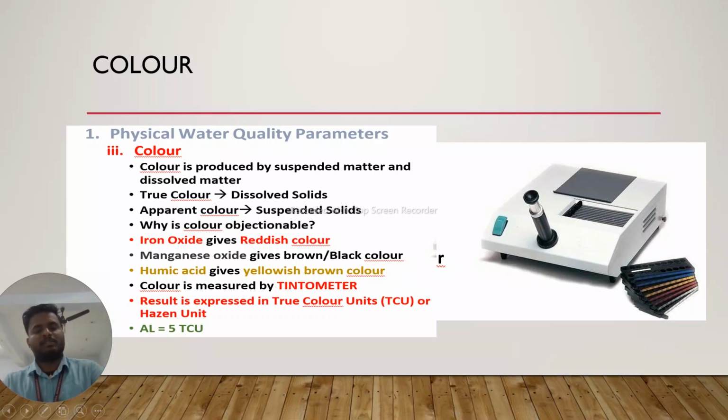The result is expressed in true color unit, TCU, or Hazen unit. The acceptable limit for color is 5 TCU, 5 true color units. It will be acceptable at 5 TCU.